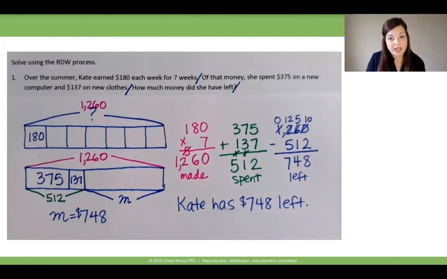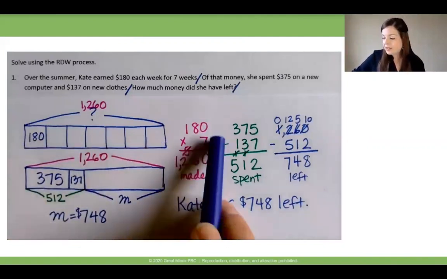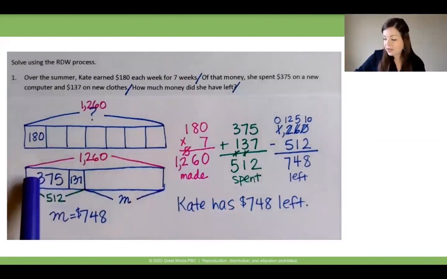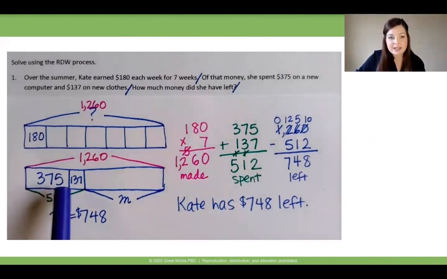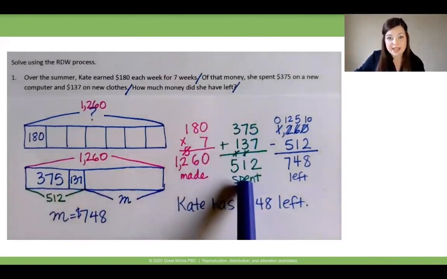Now here, I'm showing one way that you could have solved it, but it's not the only correct way. Here's what I did. First, I found the total amount of money that Kate made over the summer here, and that told me the value of this whole tape. Then I added the amounts that she spent to find the total amount of money that Kate spent.